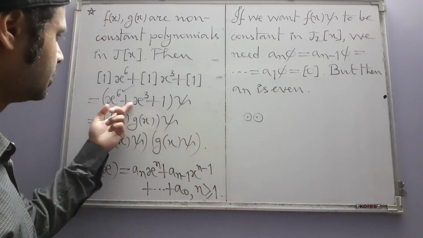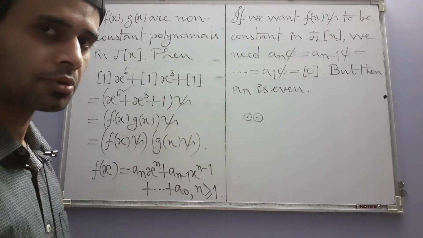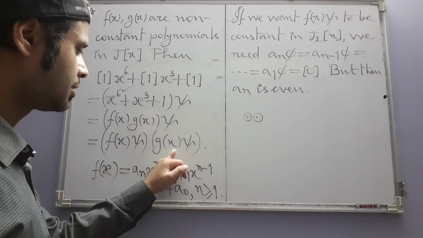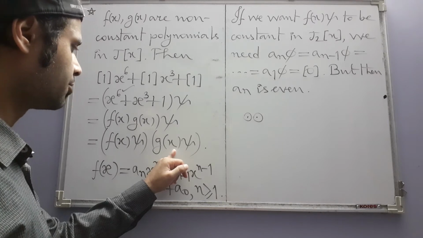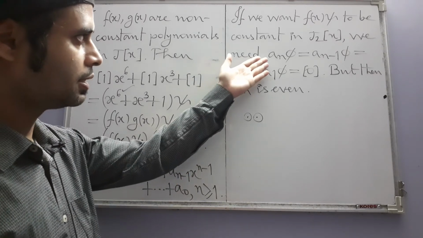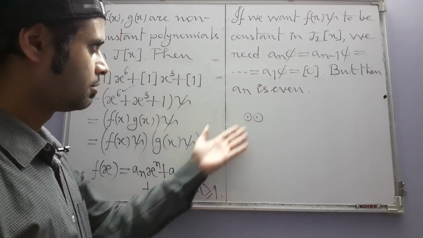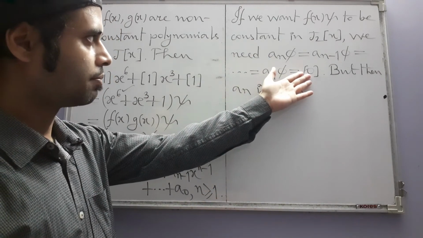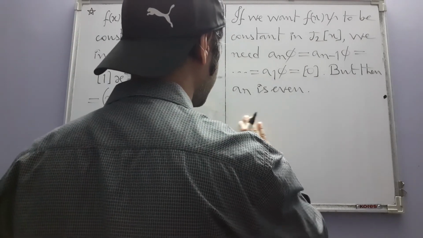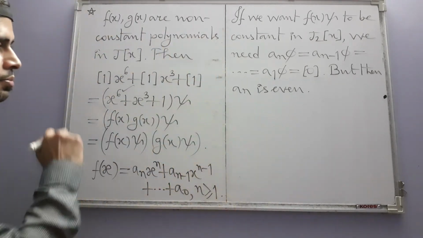But then how are you getting x to the power 6 plus x cubed plus 1? If one of them is constant but the other one is just simply a monic polynomial, but you have already seen that... what I am trying to say here is this. I think I have lost the train of thought.